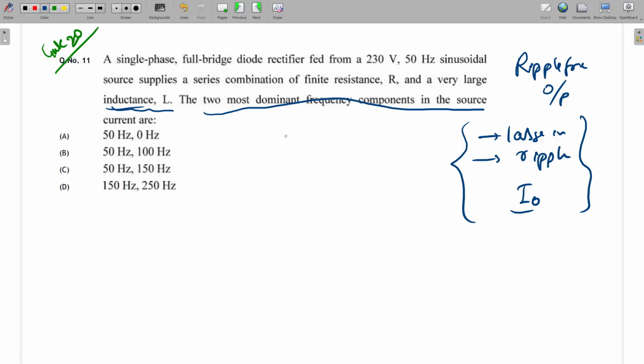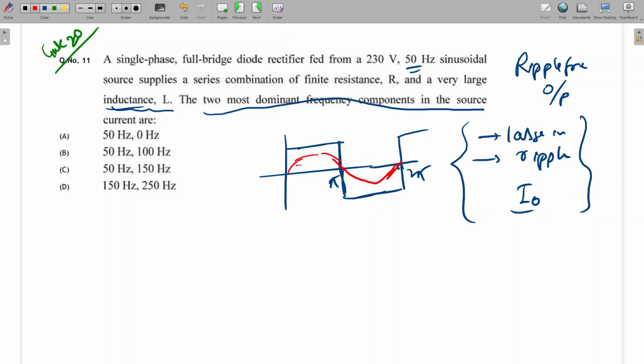What will be, see, this is the source current. Since the supply voltage is 50 Hertz, the source current frequency also will be 50 Hertz, over pi and 2 pi. So what will be the fundamental frequency? 50 Hertz. So what harmonics will be there? First harmonic, let's say third and fifth.